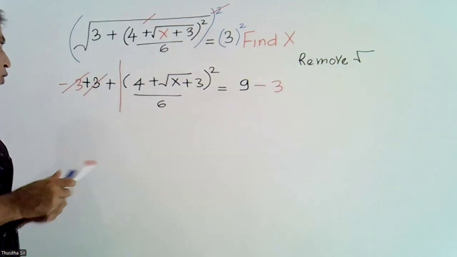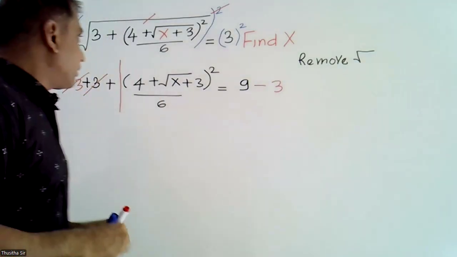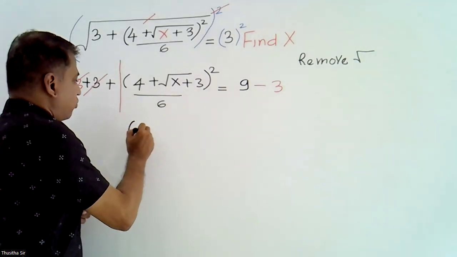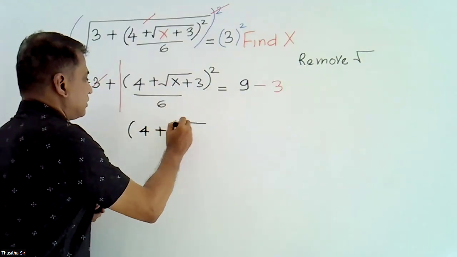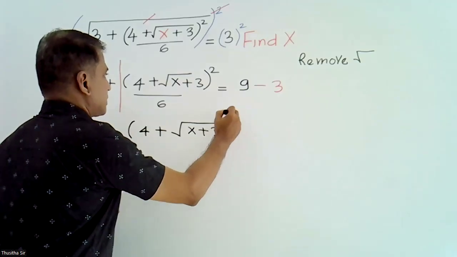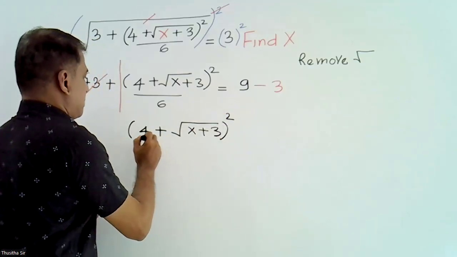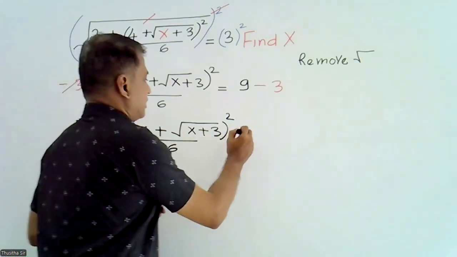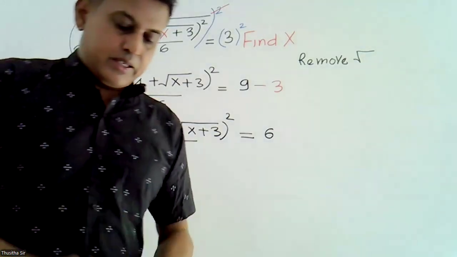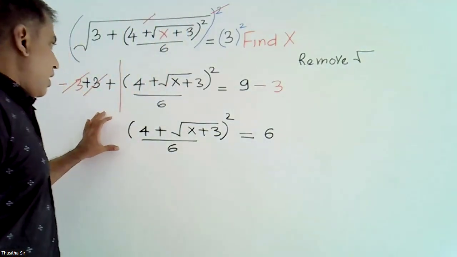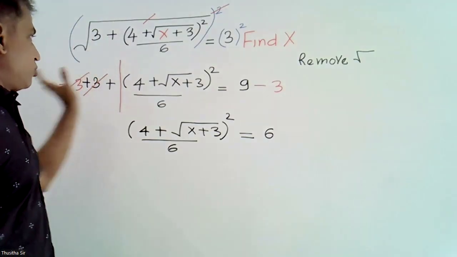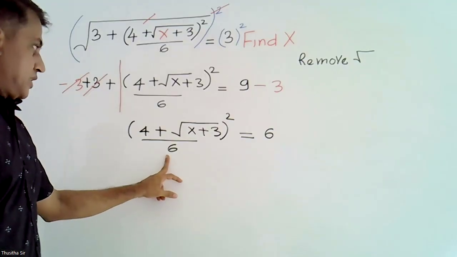Okay. Now I'm writing this again without the +3: 3 plus 4x plus 3, squared, over 6, equals 9 minus 3, 6. Right? So now you see, the first step was to remove the square root, the second was to remove the 3, and now I have this, right?